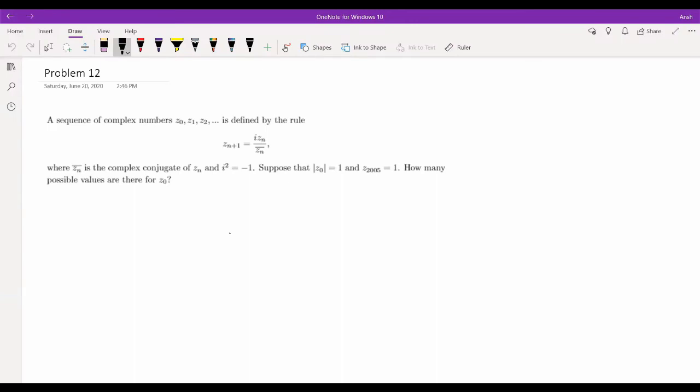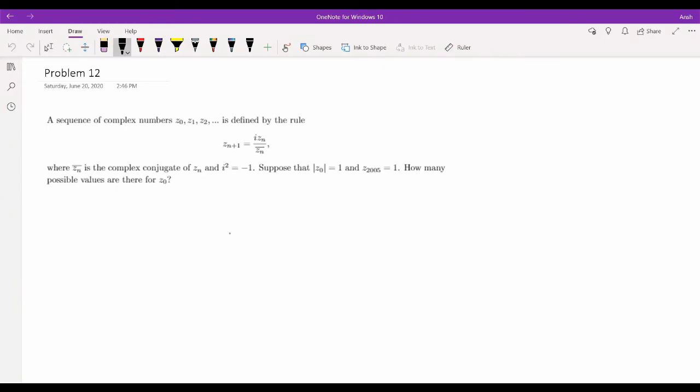Well, we can get the semblance of roots of unity from this. We see that the magnitude is equal to 1 and so on. But let's try to break down the rule that they gave us some more. We have z of n plus 1 equals i times z of n over the conjugate of z of n. Well, 1 over the conjugate of z of n is just equal to z of n.